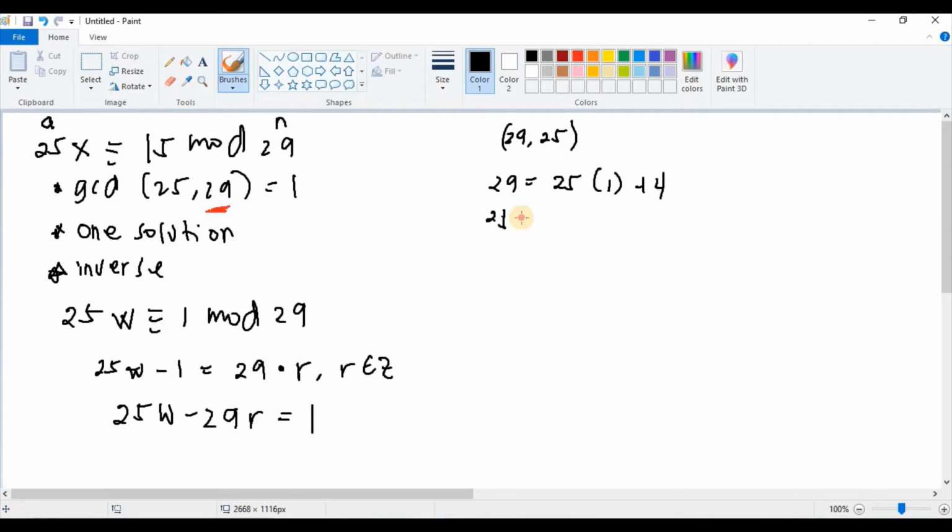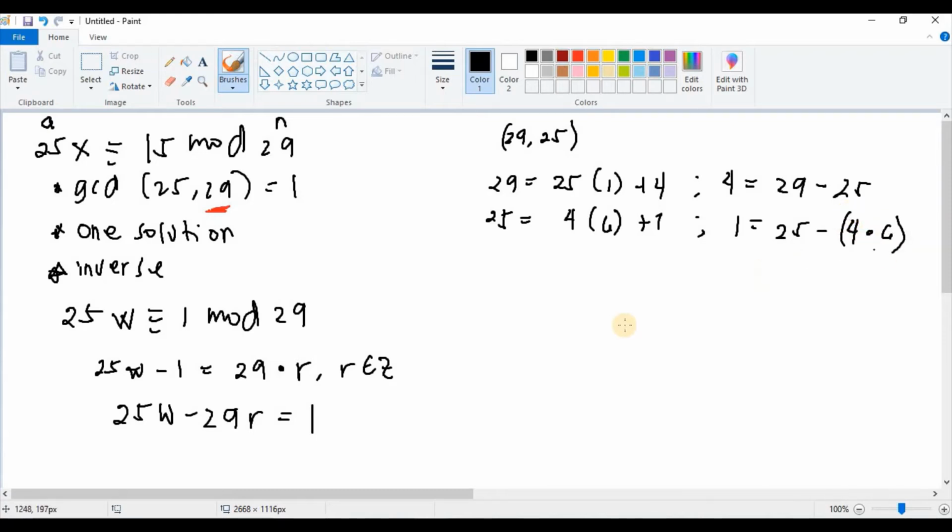Then we take 25 and the remainder 4 here. 25 divided by 4 is 6; 6 times 4 is 24, plus 1. If we rewrite, 4 is equal to 29 minus 25, and 1 is equal to 25 minus 4 times 6.